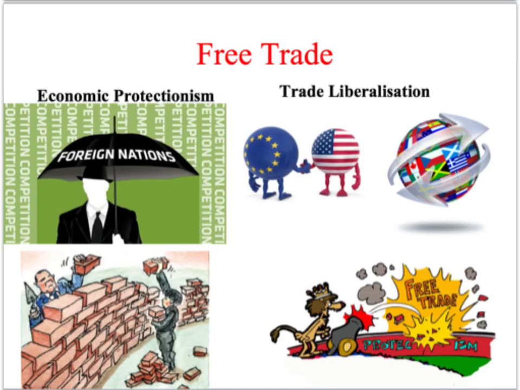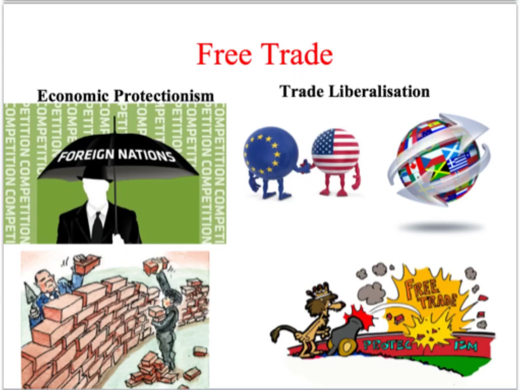And neoliberals believe that the best possible way for poorer countries to increase their share of international trade is to end economic protectionism and to adopt a free trade approach. And in a free trade approach, local companies and foreign companies are treated the same.